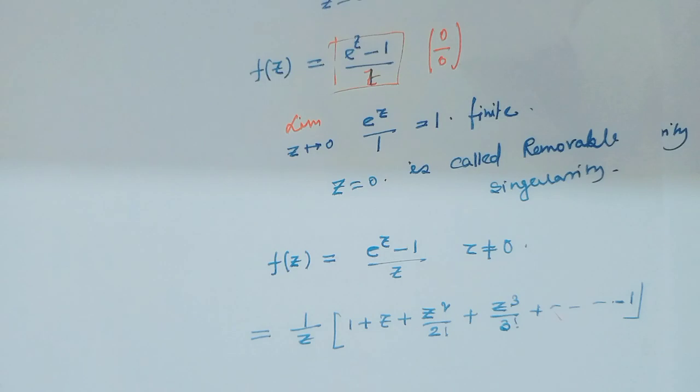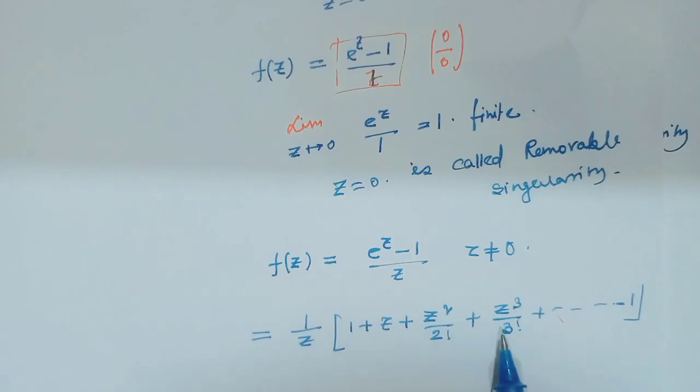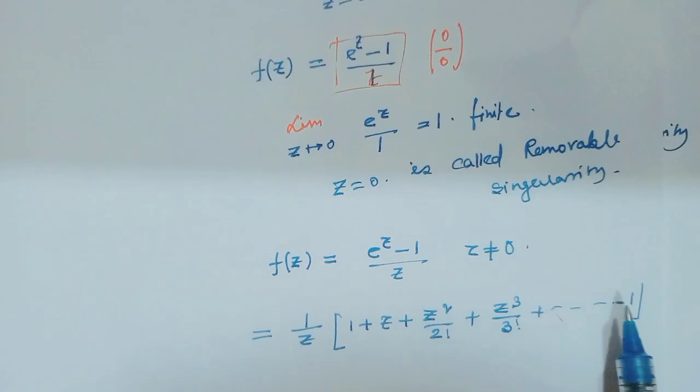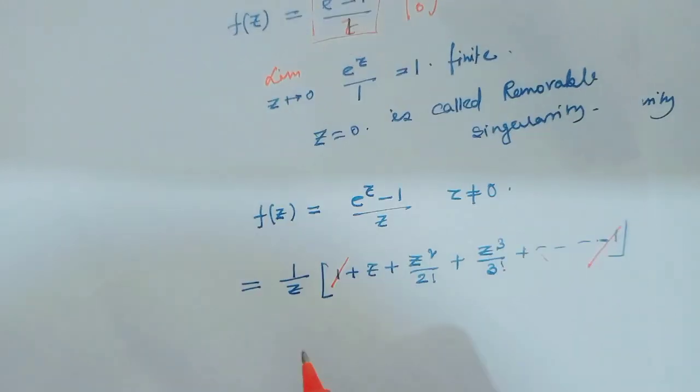Also, if you expand the series, then 1 over z and e^z means 1 plus z plus z square over 2 factorial plus z cube over 3 factorial and so on. Here minus 1 and 1 would be cancelled.